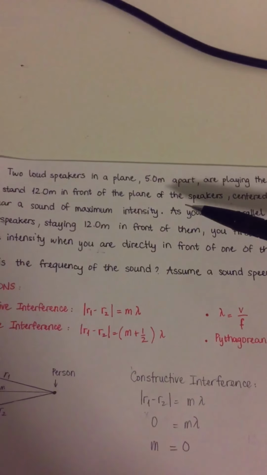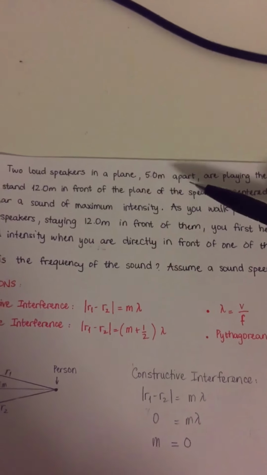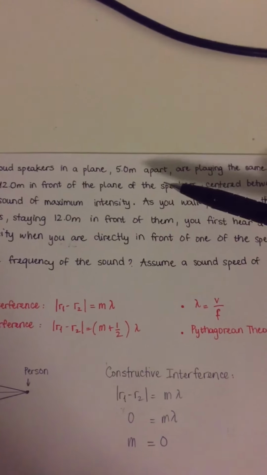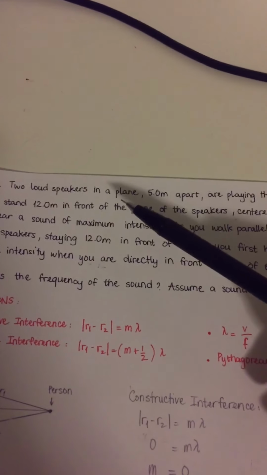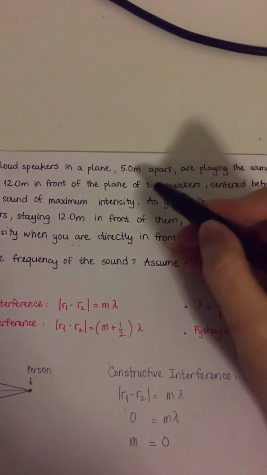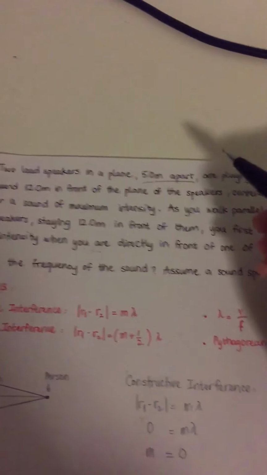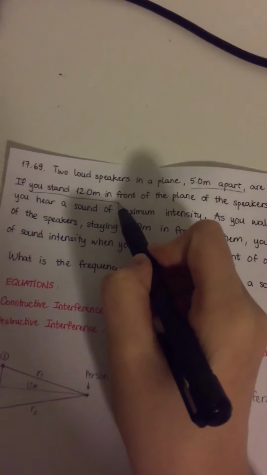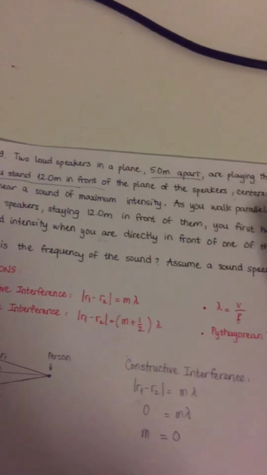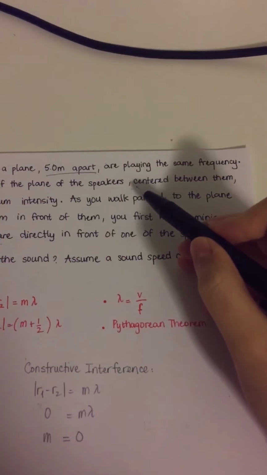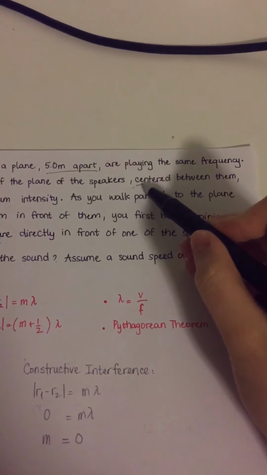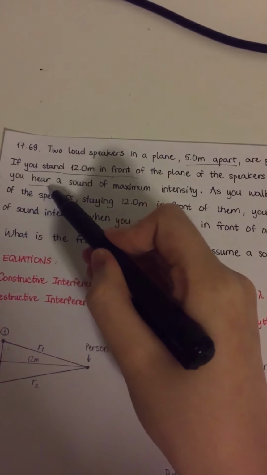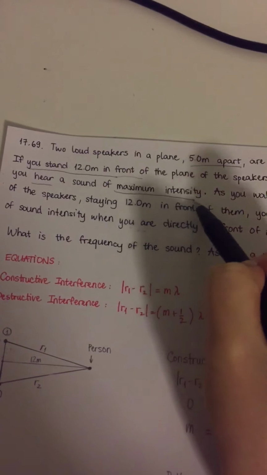So let's select the most information out of the problem here. In our first scenario, the two speakers are 5 meters apart, and we are 12 meters in front of them. We are also standing in the center, and we hear a maximum intensity of sound.